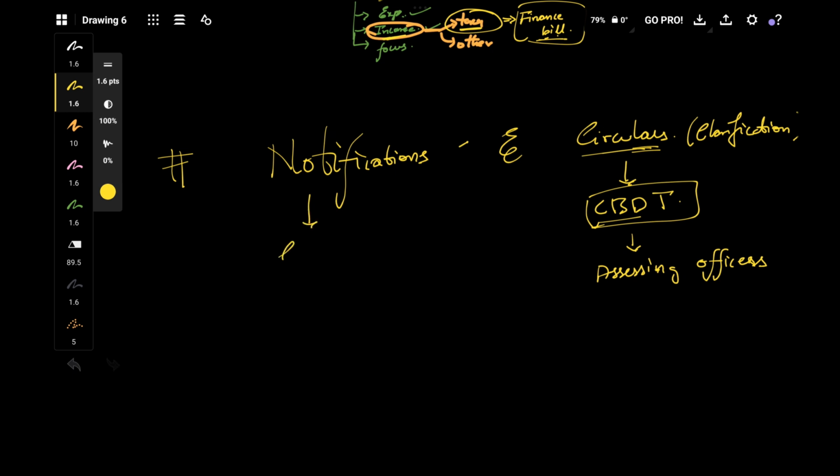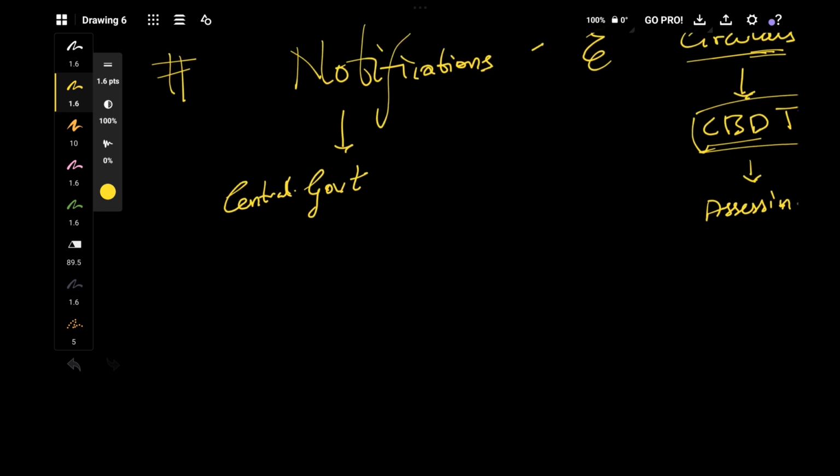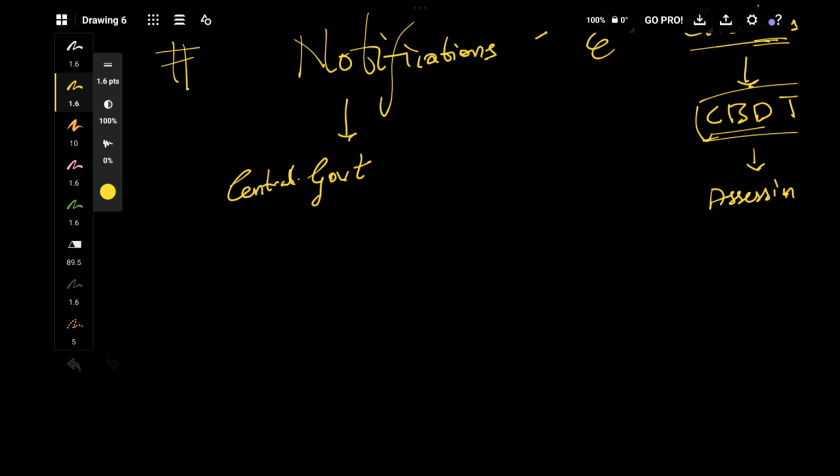Notifications are generally issued directly by government. Which government? Central government. It's income tax, right? Central government has power to levy taxes. And some notifications may also be issued by CBDT, but those notifications are limited to rules.